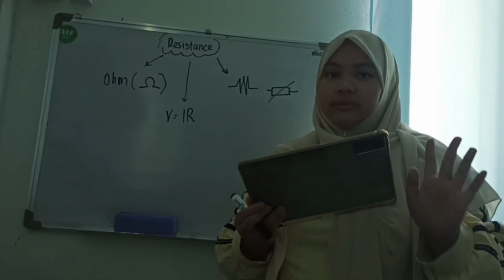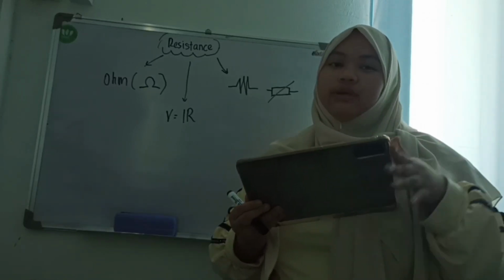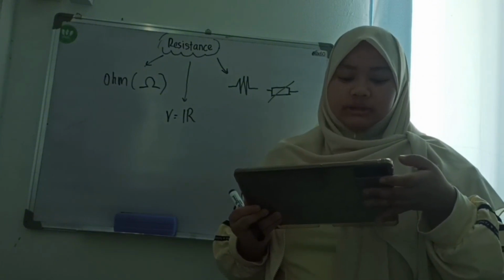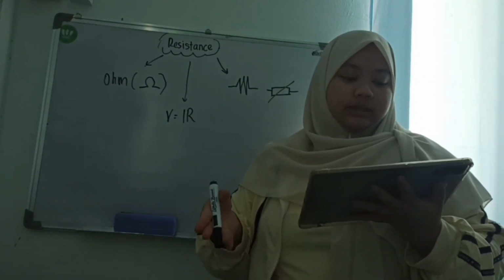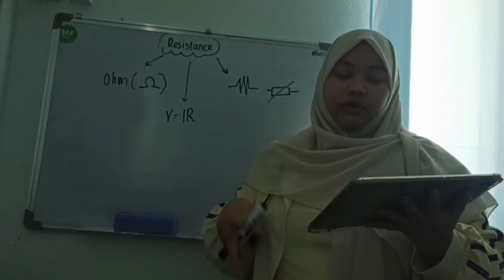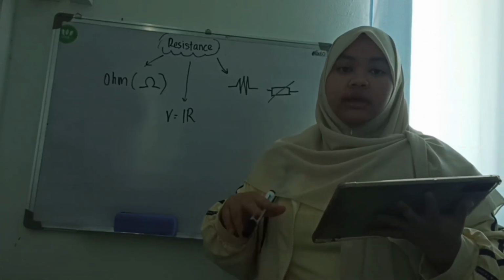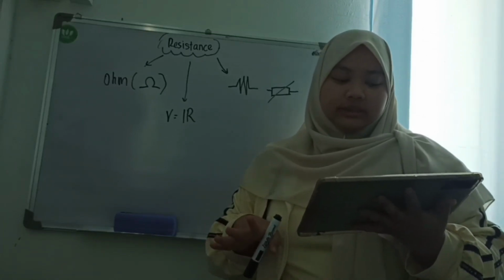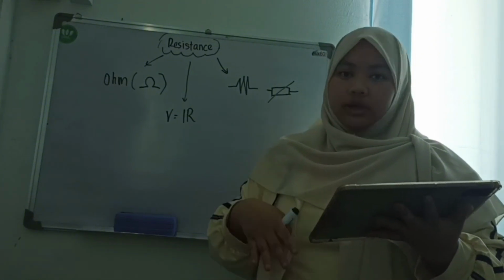Now, for a quick summary, after watching the video, in ohmic conductors voltage and current increase together, like metal wires. For non-ohmic conductors, there is no direct relationship, like bulbs and diodes.